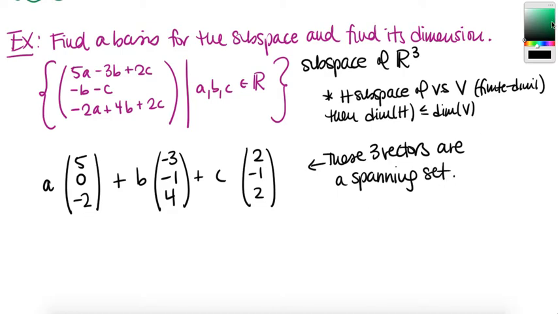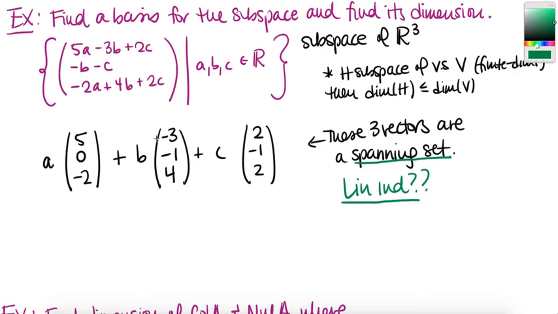But the question here is, are they linearly independent? Because spanning is one condition you need for a basis, and linear independence is another. Let's think about whether these vectors are linearly independent. There are a couple of ways you could do this.